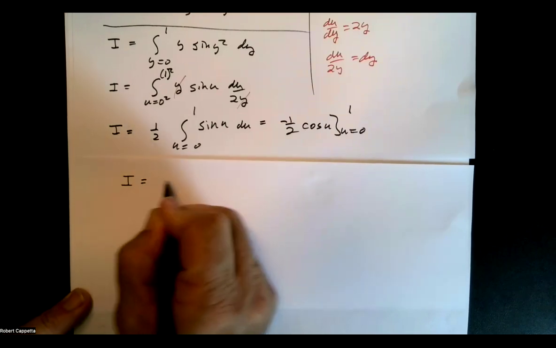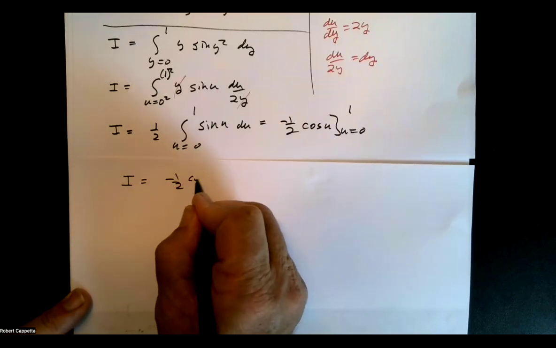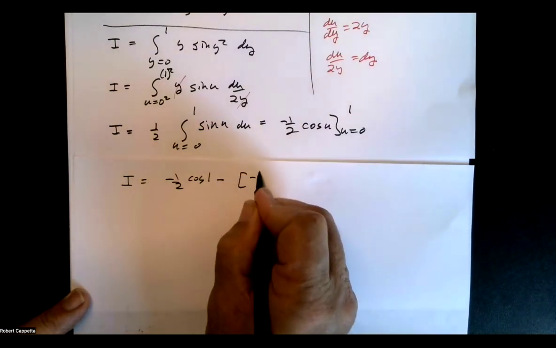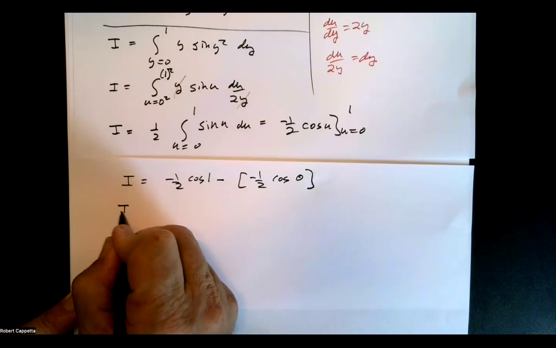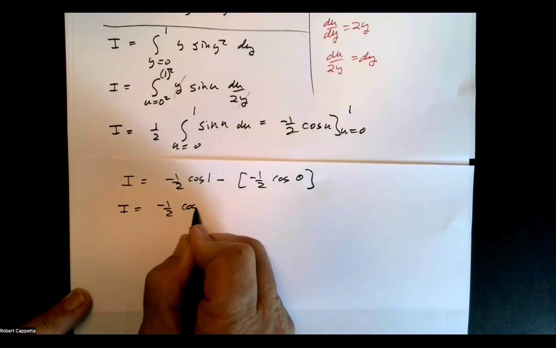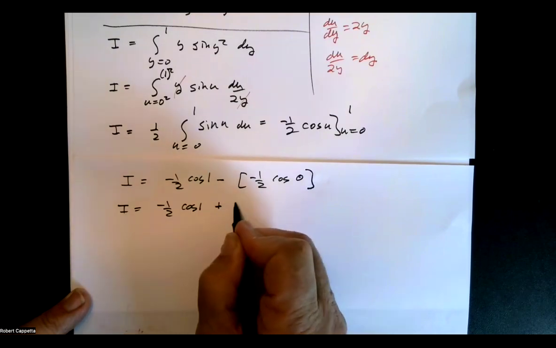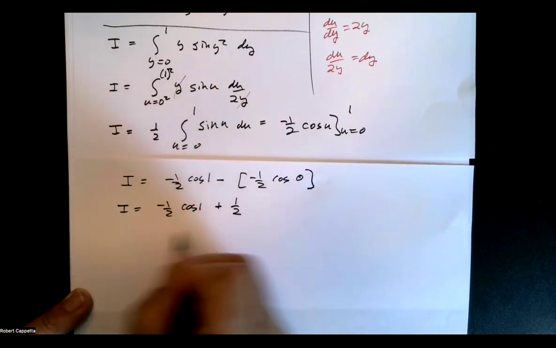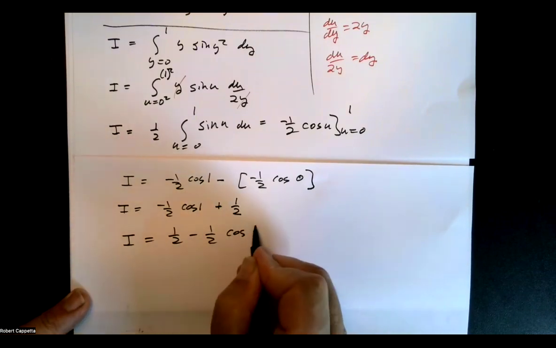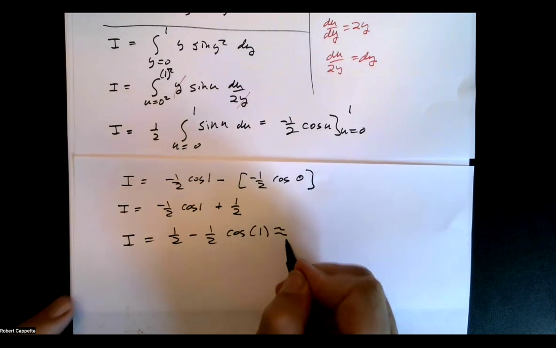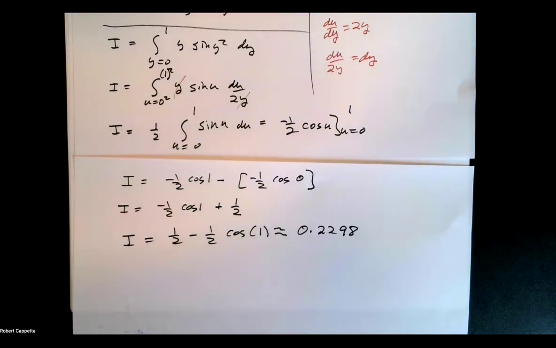Negative 1/2 cos 1 minus negative 1/2 cos 0, which will be negative 1/2 cos 1 plus 1/2 cos 0, but cos 0 is just 1, so plus 1/2. So let's write it this way: 1/2 minus 1/2 cosine of 1. And what is that as an approximation, just so we can see? About 0.2298.